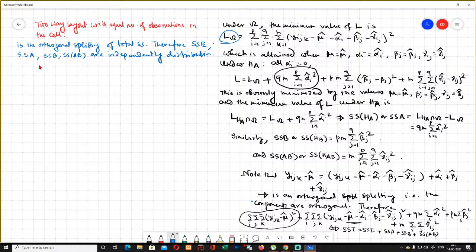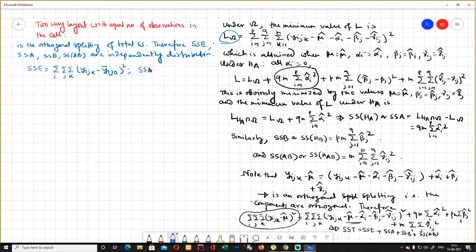Then you get SSE is sum over ijk of yijk minus y ij naught bar whole square.